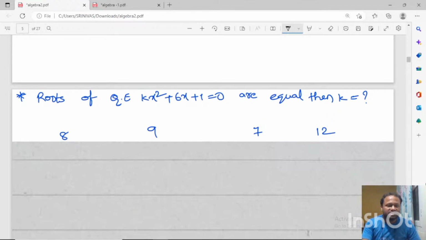This is a previous HSTR question. Roots of the quadratic equation kx square plus 6x plus 1 is equal to 0 are equal, then k is equal to? Previous HSTR question. You have to say the answer.